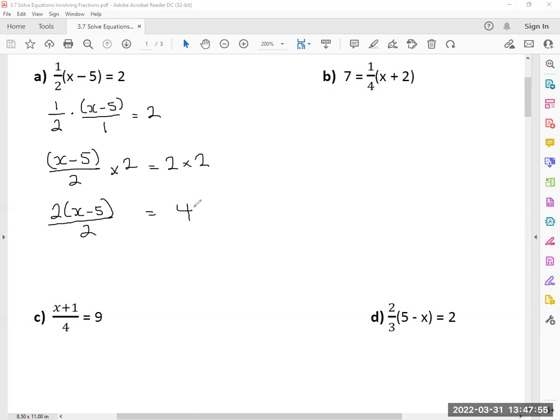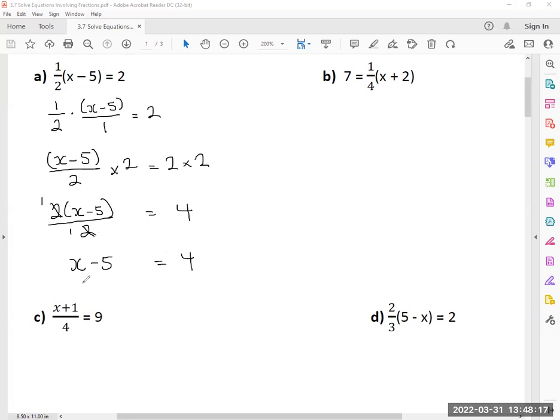The right side equals a 4. But some of you might already be simplifying because you're pretty comfortable with fractions. A 2 in the numerator, 2 in the denominator, they divide each other. What does that simplify into? So x minus 5 equals 4.